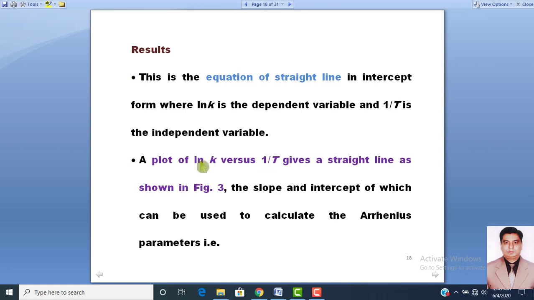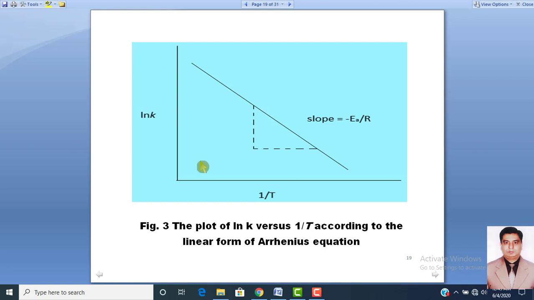And if you see this figure number 3, along the x-axis we have taken 1 over T, that is the reciprocal of temperature, while along the y-axis we have taken ln K. If we plot a graph between ln K and 1 over T, then we will get a straight line like this one.